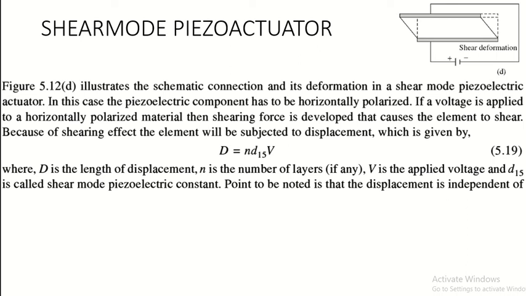Small n is the number of layers, V is the applied voltage, and d15 is called the shear mode piezoelectric constant. This d15 depends upon the type of material we are using, and V is the voltage that we apply on the cross terminals.